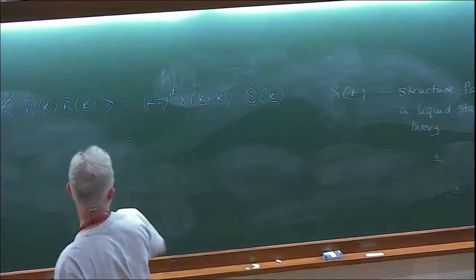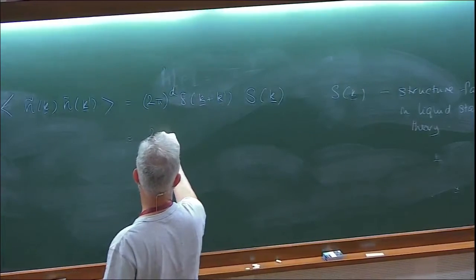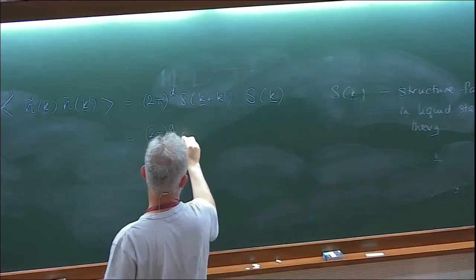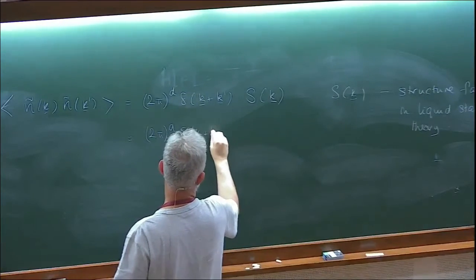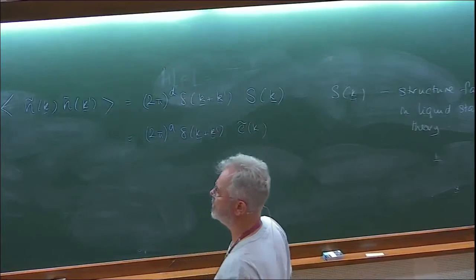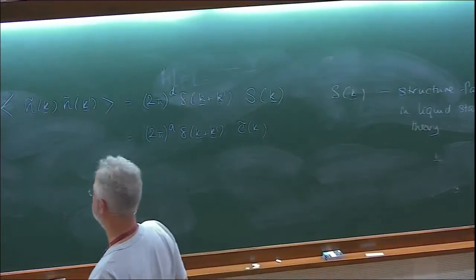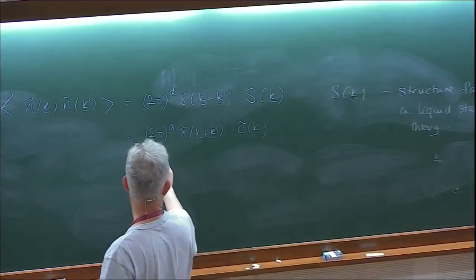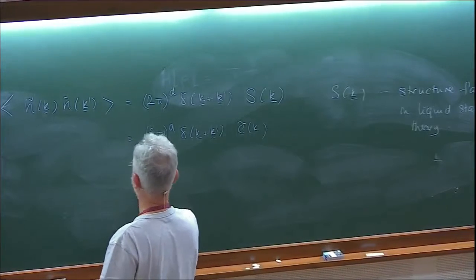Now, S of K is the Fourier transform of C tilde of K. So what is C tilde of K equal to?